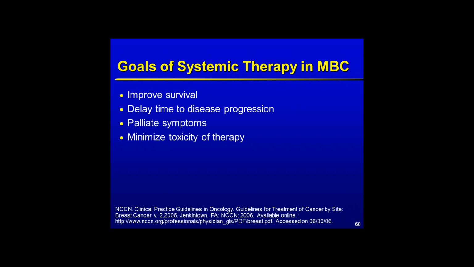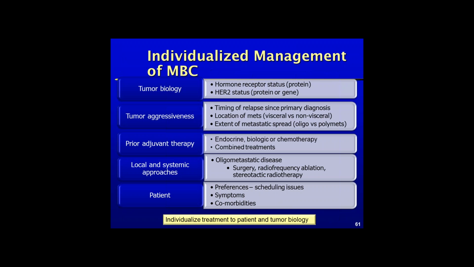We certainly don't want to substitute very toxic therapy for the symptoms of their disease. Most women don't find that a net quality of life benefit. The management of metastatic breast cancer is individualized by the patient, and it's based on a variety of different factors, including first their tumor biology and whether or not they have hormone receptor positivity or not, and their HER2 status, much as it is in the adjuvant setting.